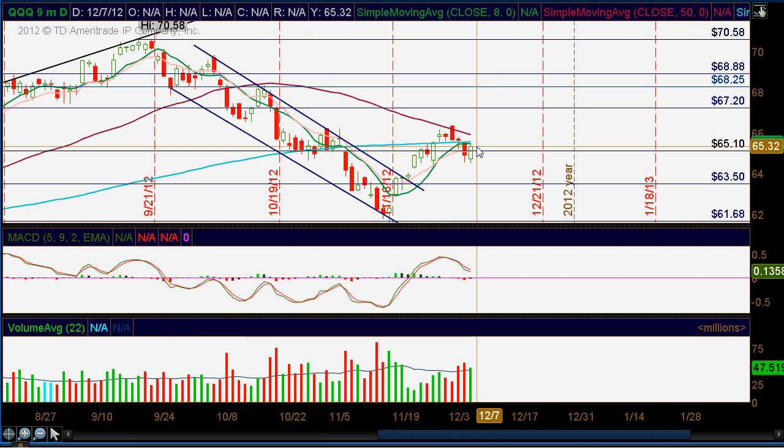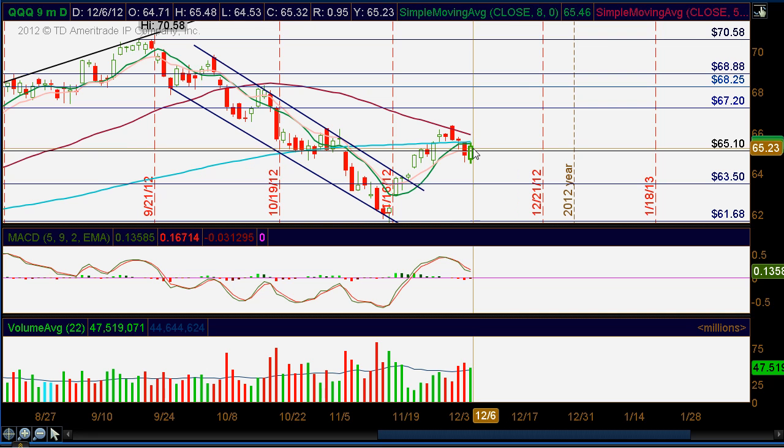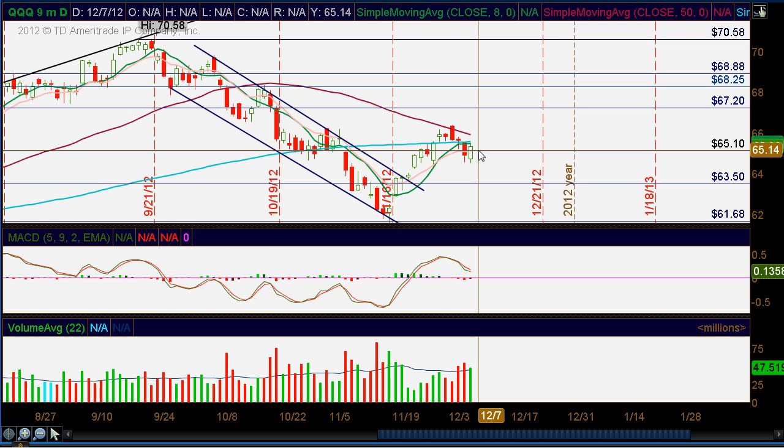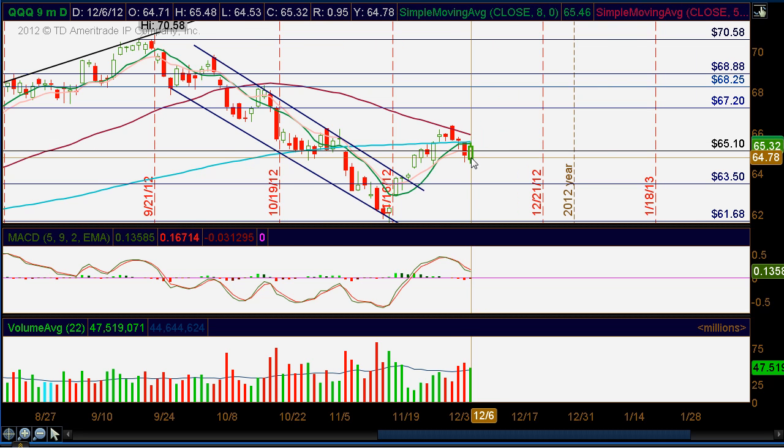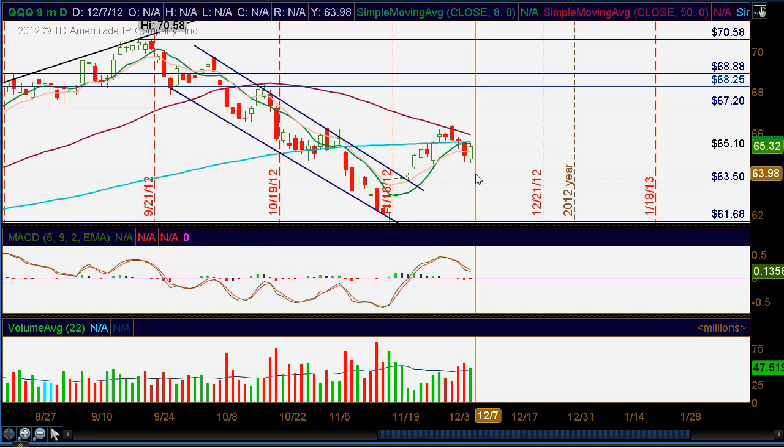So tomorrow, what you have to do is watch those moving averages really closely, as well as the 65.10 mark, and also the low of today, which was at 64.53. Because if we do ever break back through the 64.53 to the downside, we could head lower to that 63.50 mark that you see down here.